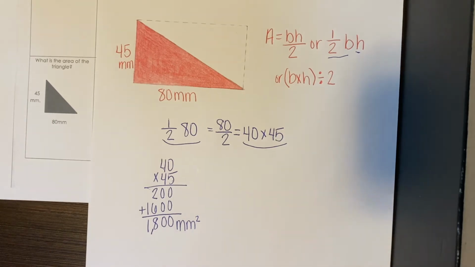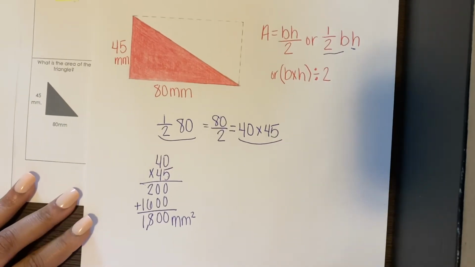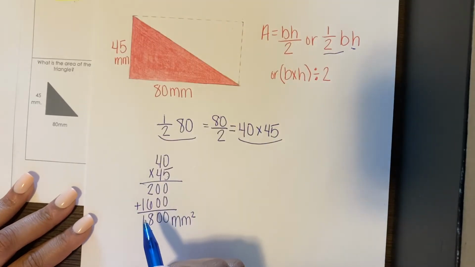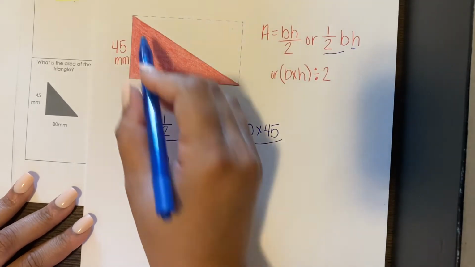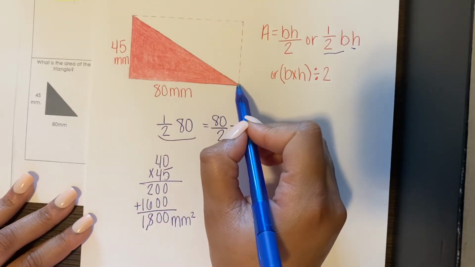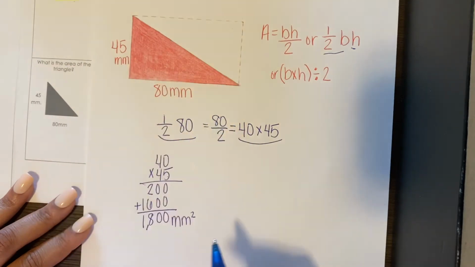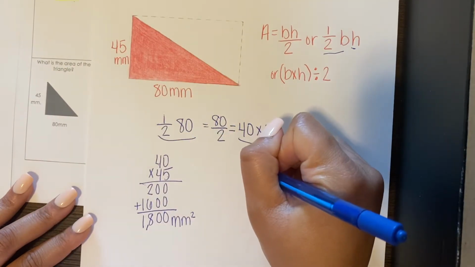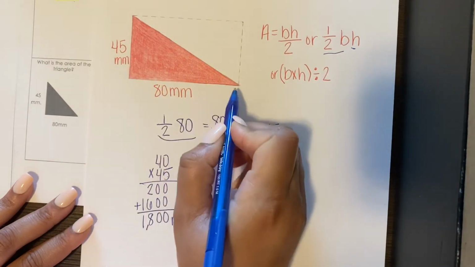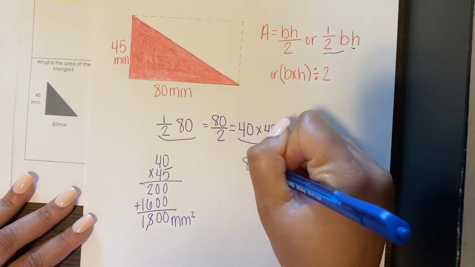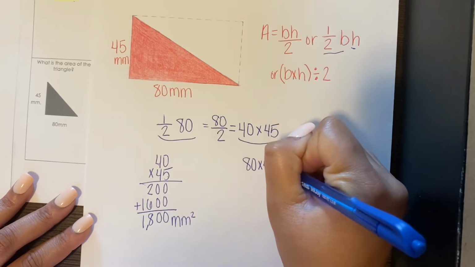Now, the second way I'm going to show you is if we took the area of the rectangle and divided that area in half, because you see the triangle is 1/2 of this big rectangle. So if you take the area of a rectangle, you're taking the length times the width, or the base times the height, which is 80 times 45.